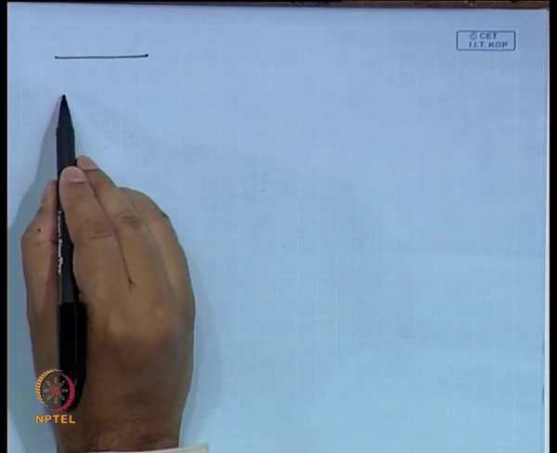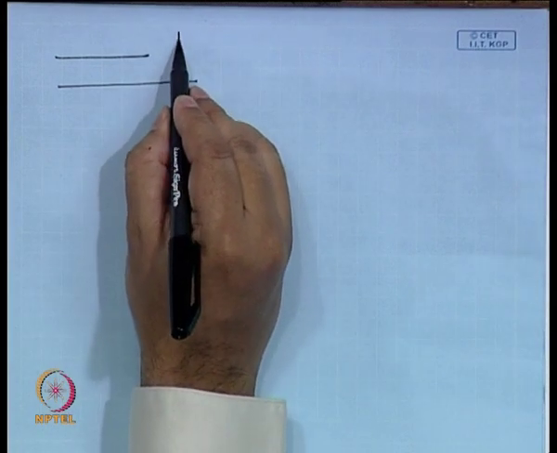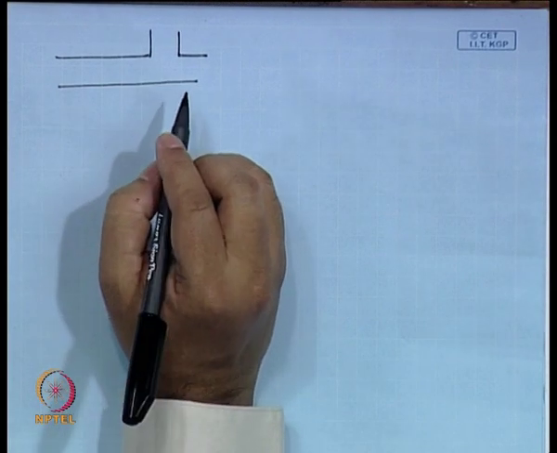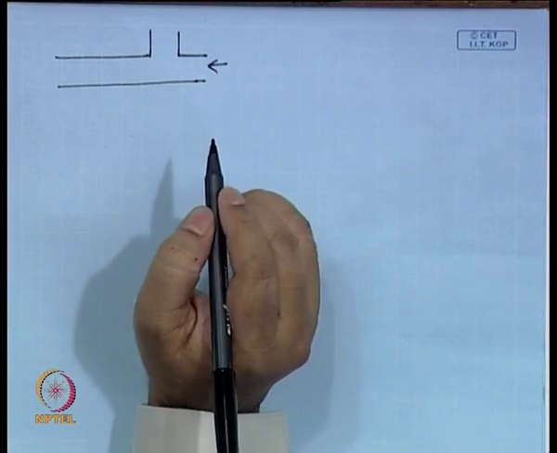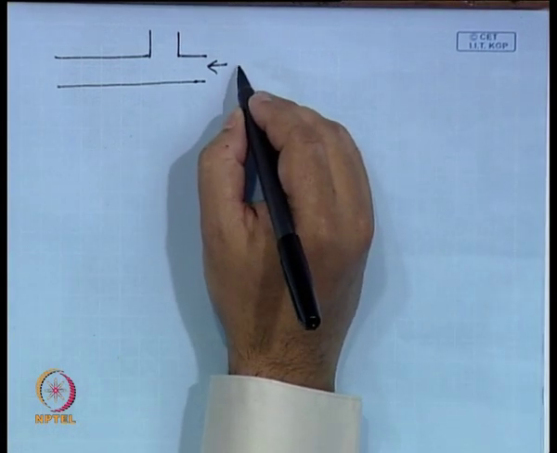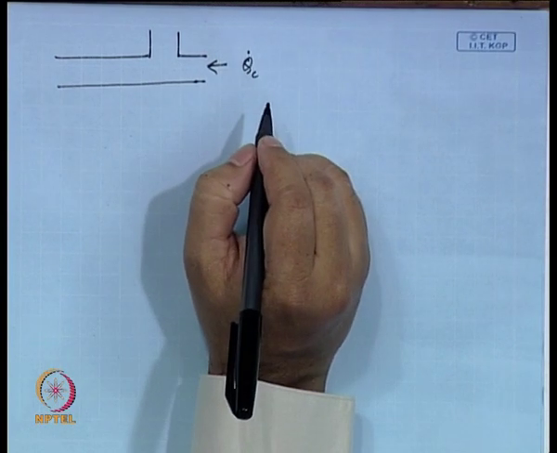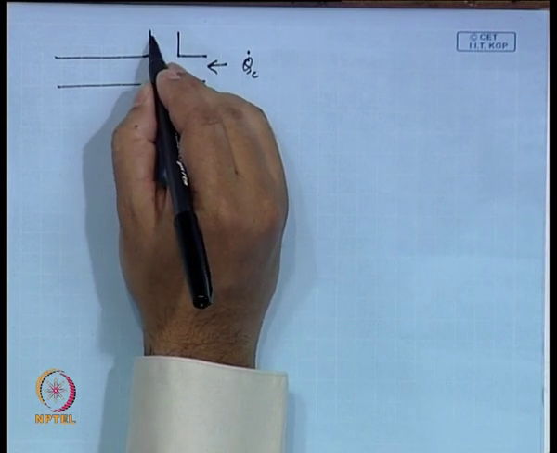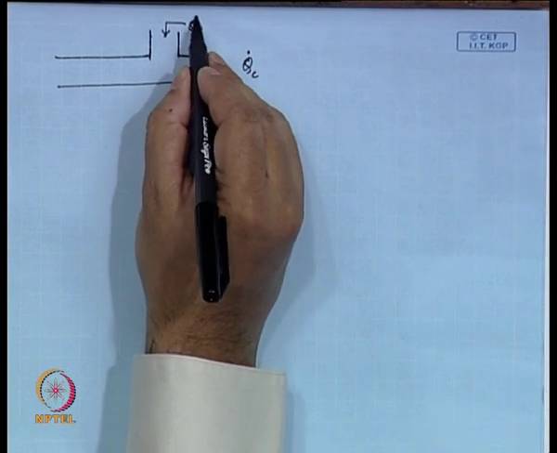You have a T joint. You have one fluid which is flowing, I am calling this the carrier fluid, which has a flow rate of QC dot, and I have a droplet phase which is flowing at a flow rate of QD dot.